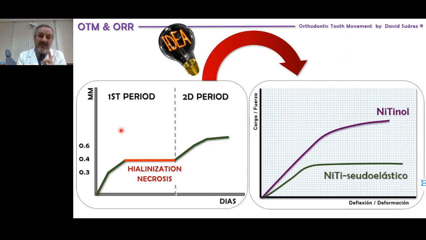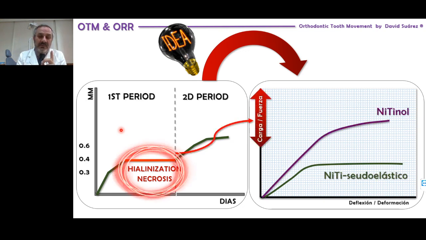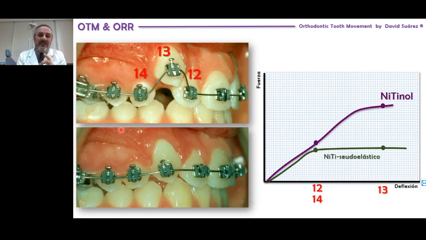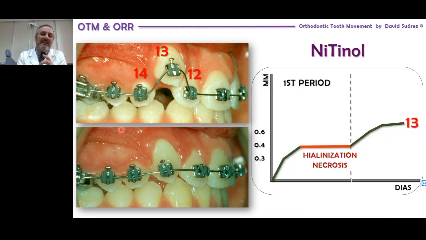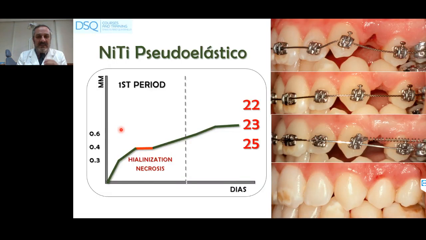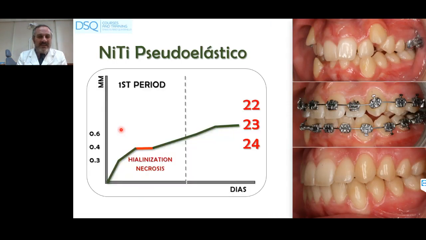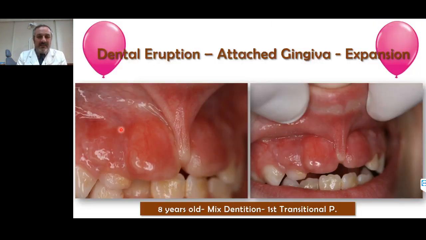To avoid the hyalinization, it is very important to avoid intensive forces. Use super elastic wires, and refuse the use of the classical nitinol or poor quality wires. Remember this, and this is very important.